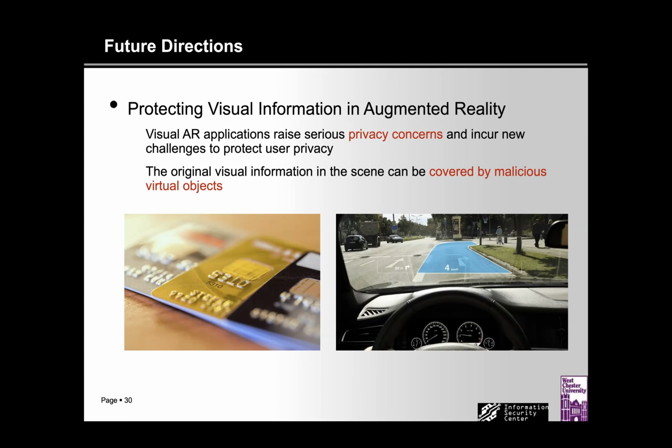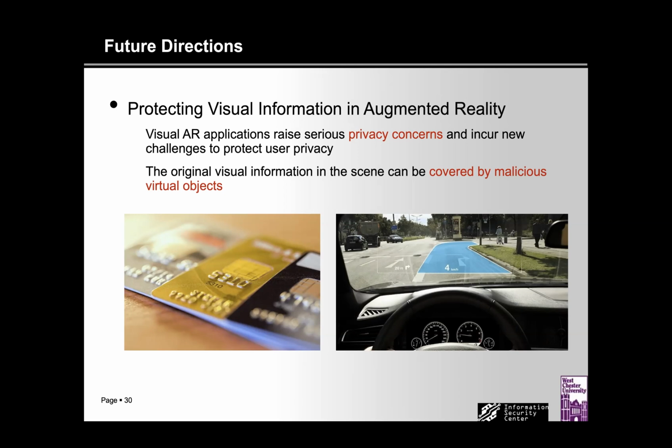But from this research, we also showed that with visual AR applications, once you turn on sensors like the camera, the GPS sensor, the accelerometer and the gyroscope, they start capturing all the information from the environment around the user.